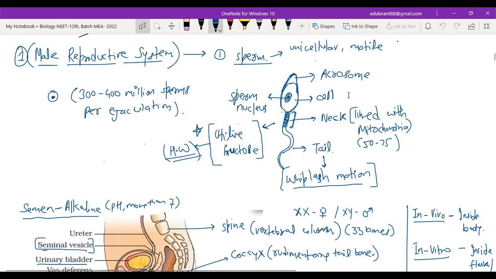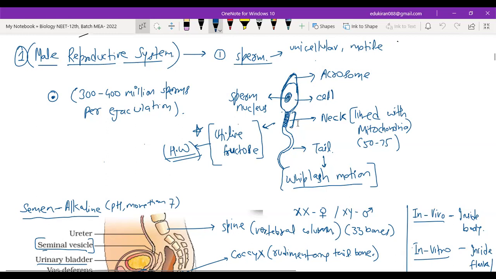This acrosome is an important structure for fertilizing the ovum. It contains important hydrolytic enzymes. And then in the sperm head, there is the sperm nucleus, which is haploid, bringing the male genome from the father.